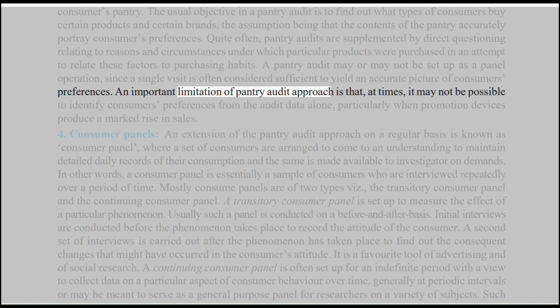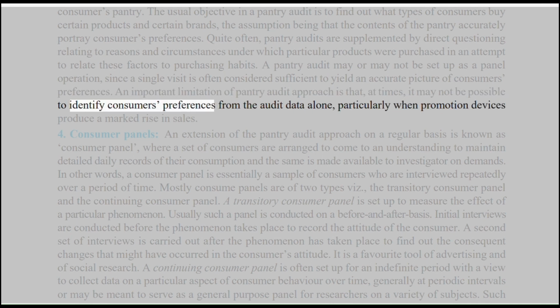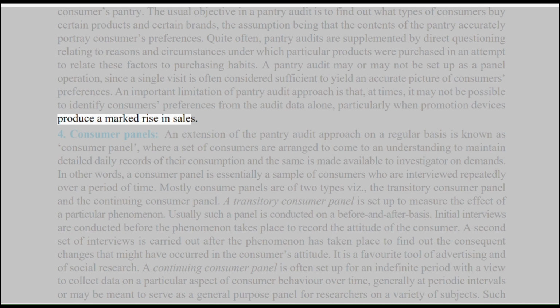An important limitation of pantry audit approach is that, at times, it may not be possible to identify consumers' preferences from the audit data alone, particularly when promotion devices produce a marked rise in sales.